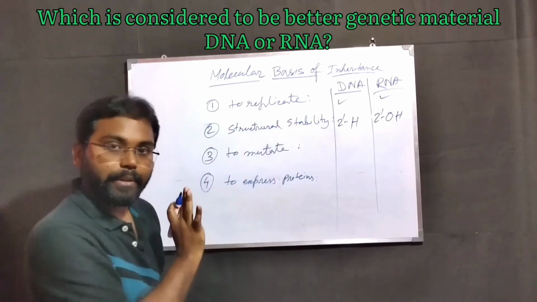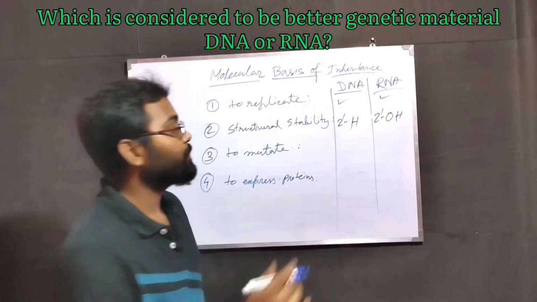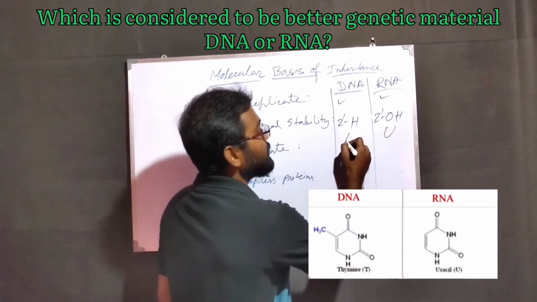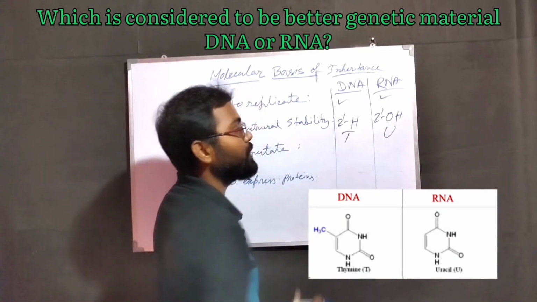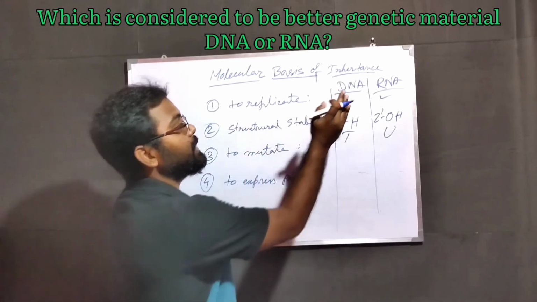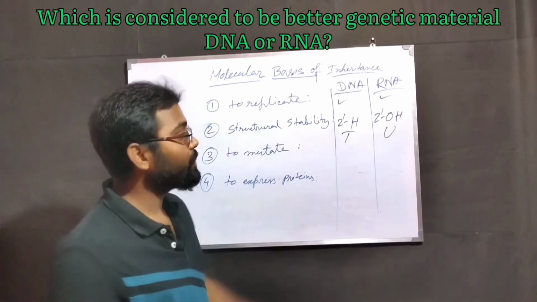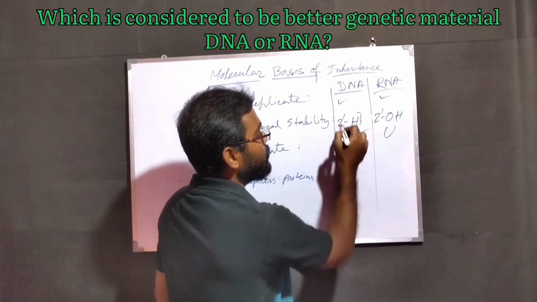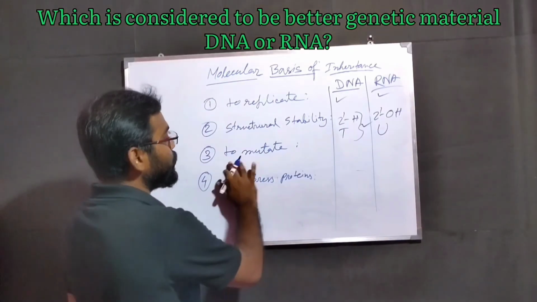So DNA is stable, and again RNA has uracil, while DNA has thymine. Uracil is more unstable than thymine. So for structural stability, DNA is a better genetic material than RNA because it has H and thymine, which are stable.